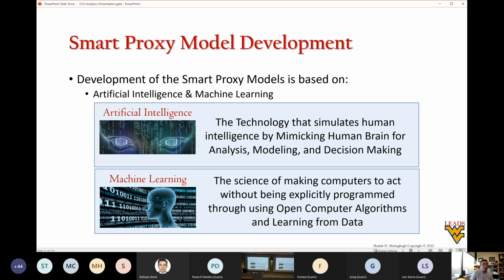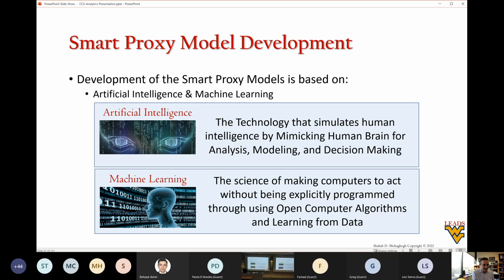You have an algorithm, you just provide the data and it learns from it. The open computer algorithm uses the data from any type of outcome that the data was generated from, and then it comes up and learns from it. That's why it's called learning. Machine learns. Machine is computer. Machine learning is when you use the data so the machine can learn, the computer can learn from data.